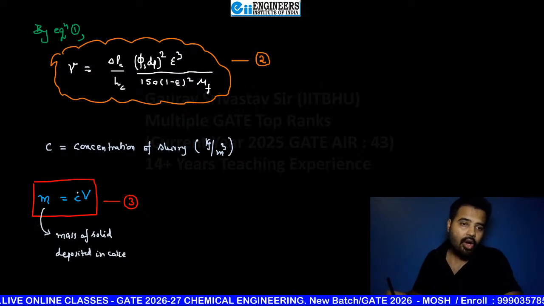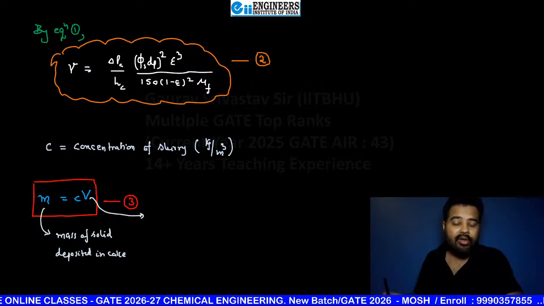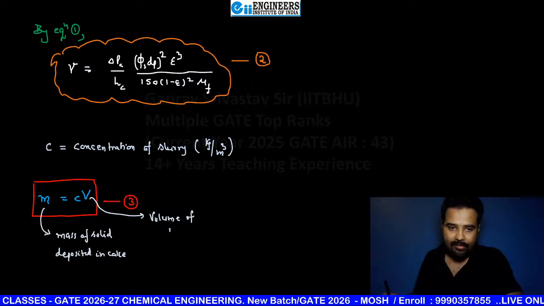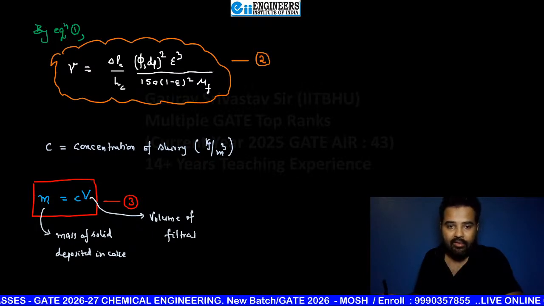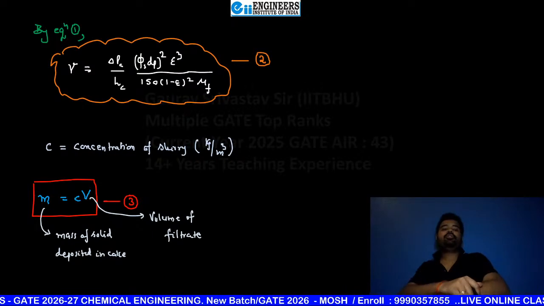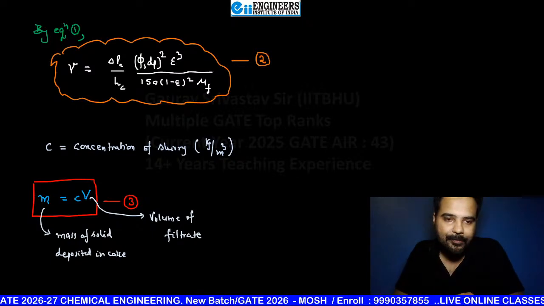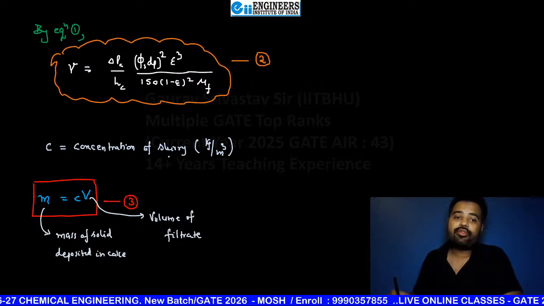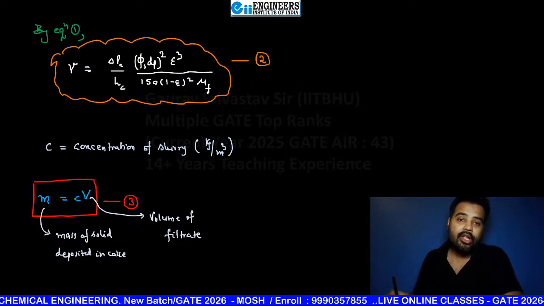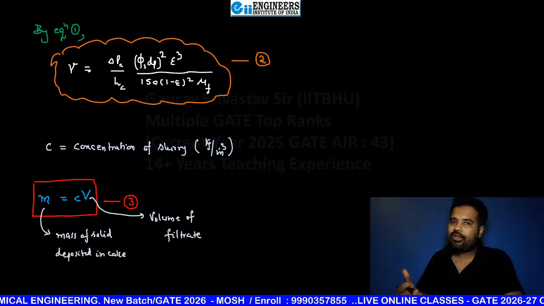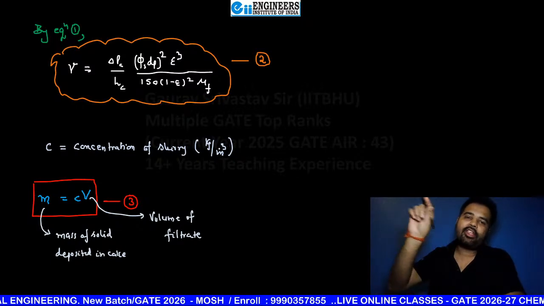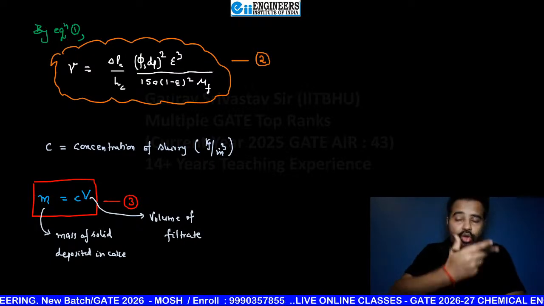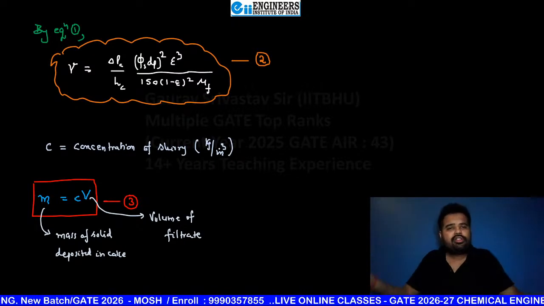And this V is the volume of filtrate that you get when that amount of solid is deposited there. C is the concentration of solid in kilogram per meter cube of filtrate. So if 1 meter cube of filtrate passes, then C amount of solid is going to accumulate there. So if we pass V, the total solid accumulated is c V.